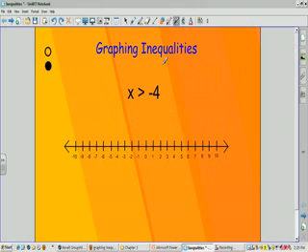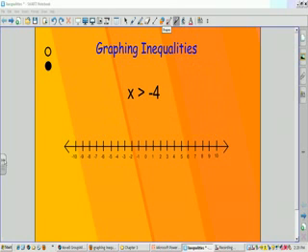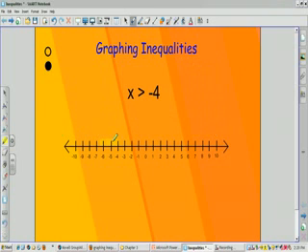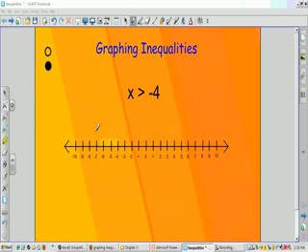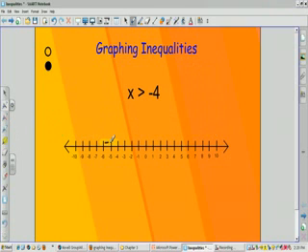Really all we'd need is something like this, maybe from -6 over to -2. That'd probably be enough. Okay, so we found our -4.